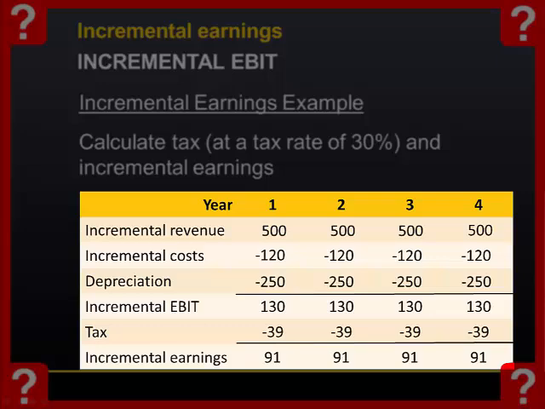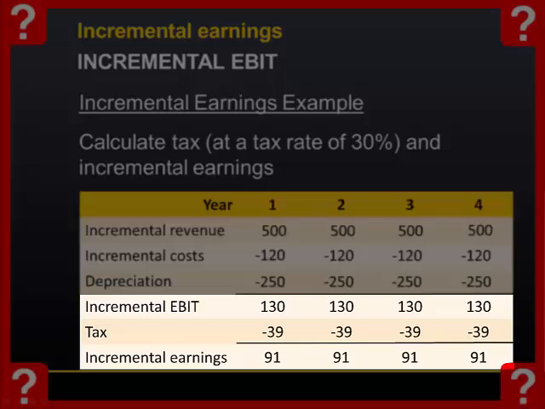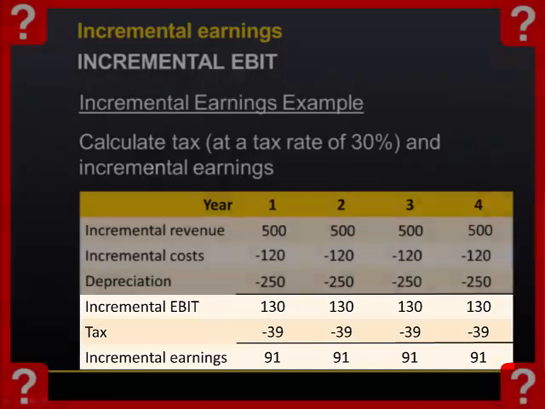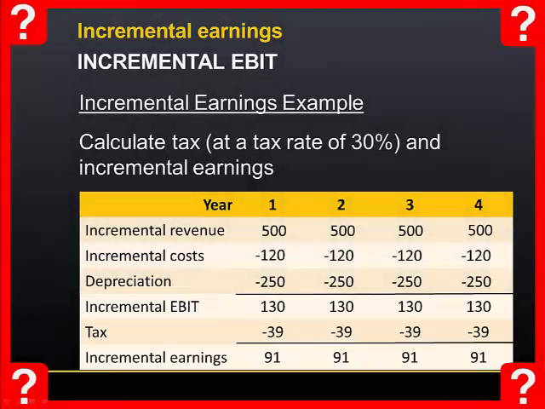The key difference between the format of this table and the profit and loss statement is that we are not deducting interest to calculate earnings. As was emphasized in a previous module, financing cost, such as interest, is excluded from the cash flows in an NPV analysis. In the next module, we look at how we convert earnings to cash flow.